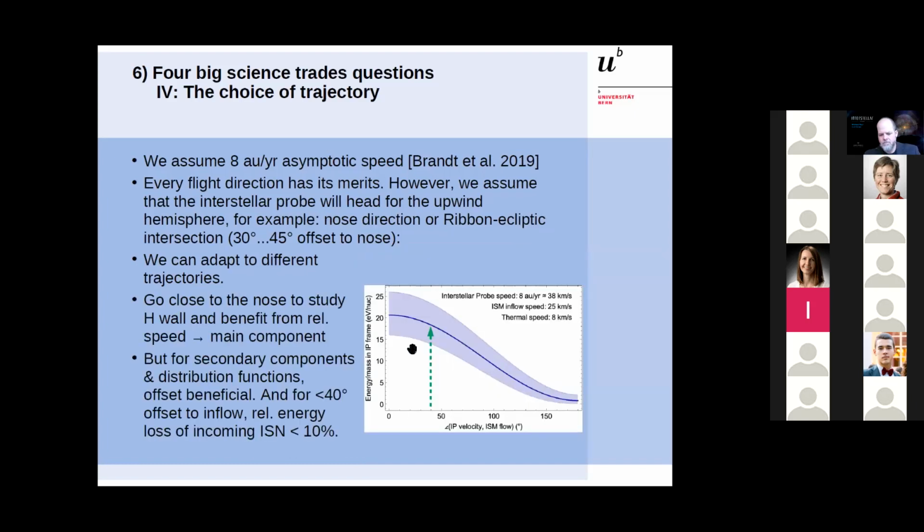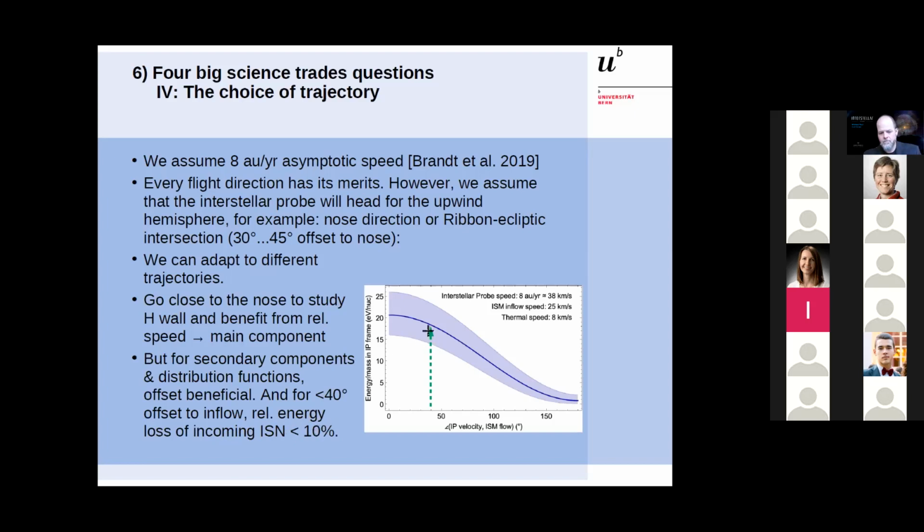And just to make this statement, going close to the nose to study the hydrogen wall and benefit from relative speed, so going to 0 degrees here, would be great. But the important message is, if we go to maybe 40, 45 degrees off the nose, around here at the arrow, we have an energy loss of the incoming interstellar neutrals of roughly only 10%.